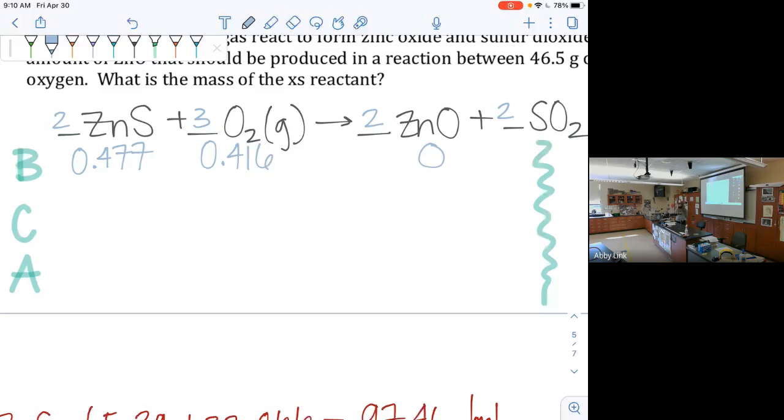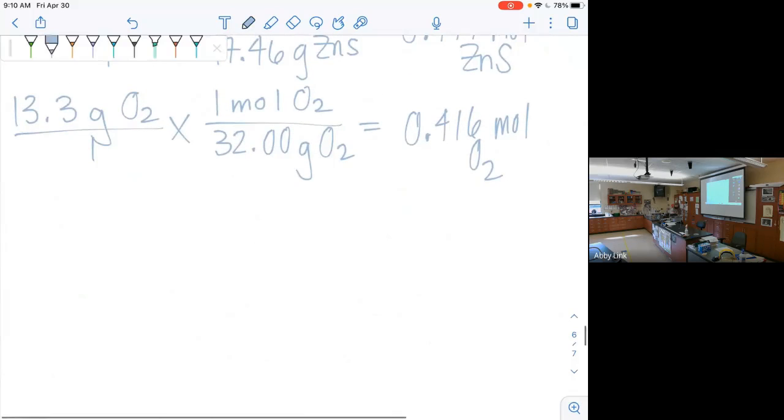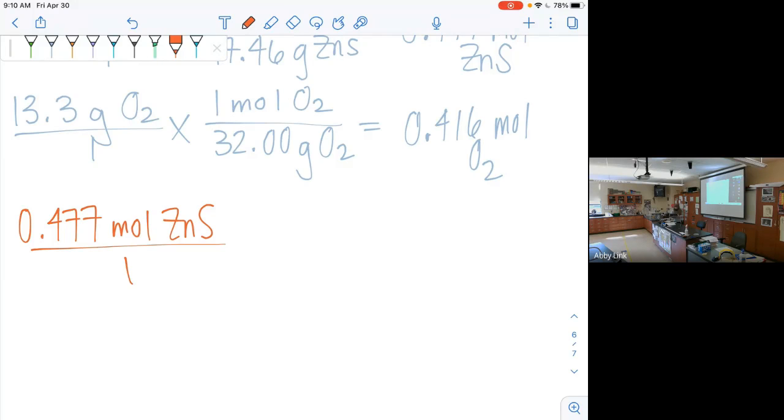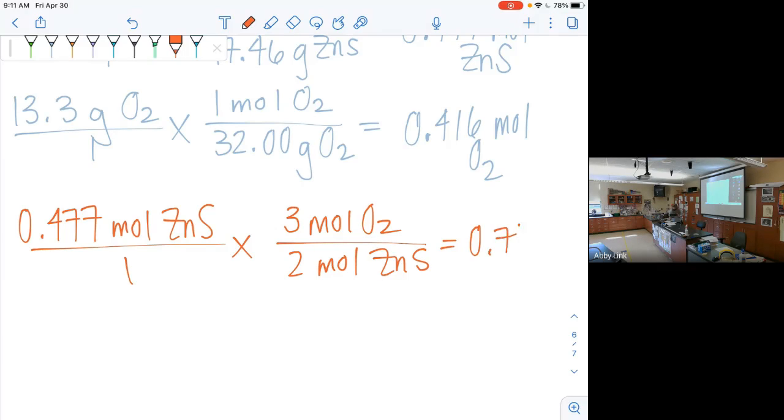All right, let's go ahead and try to figure out what our limiting reactant is. So I'm going to start with the 0.477 moles of ZnS, and I'm going to go to moles of O2. So we get 3 moles of O2 on the top, 2 moles of ZnS on the bottom. Get 0.716 moles of O2.